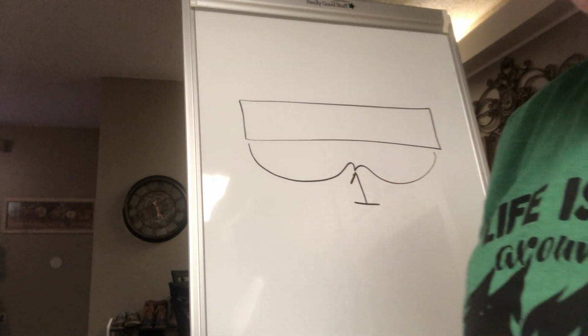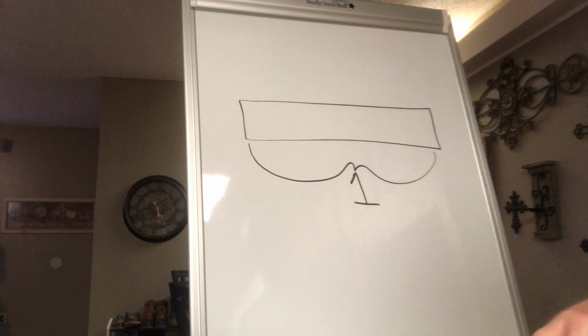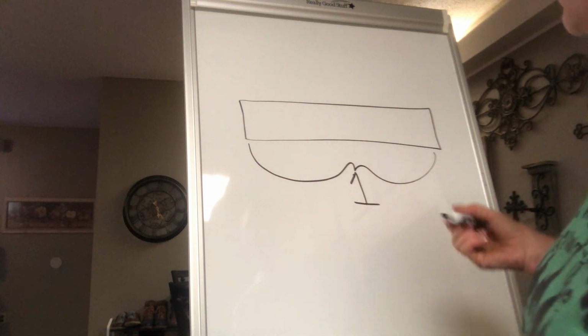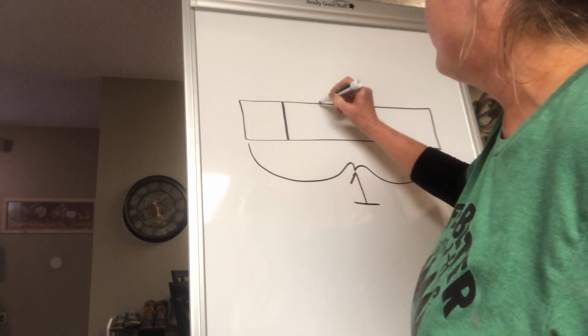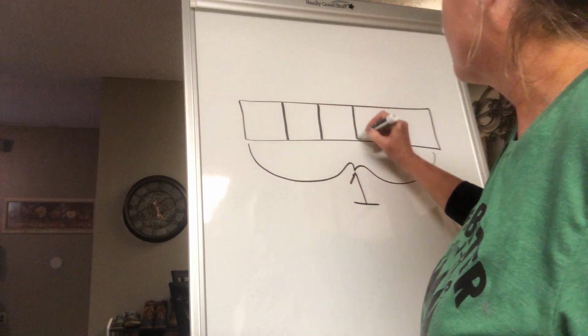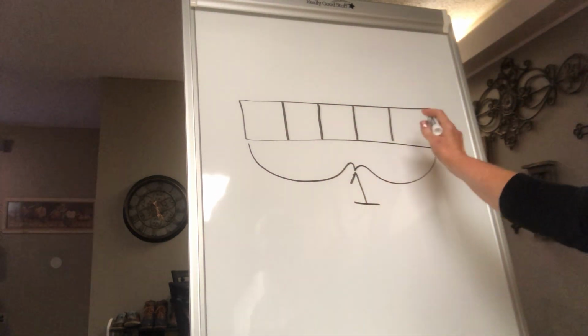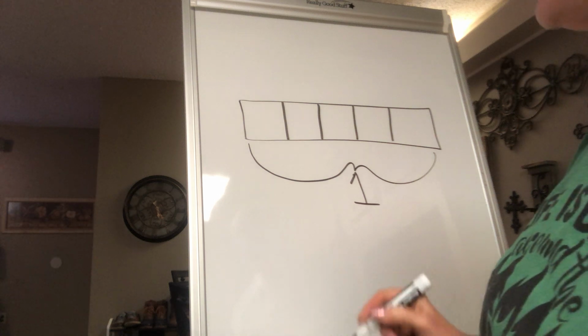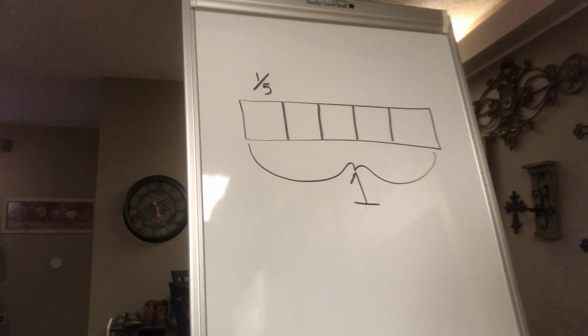And all it tells us is that this is fifths. So the first thing we can do is go ahead and make it into fifths. Okay, so I have 1, 2, 3, 4, 5. So I know that each little section is 1/5.